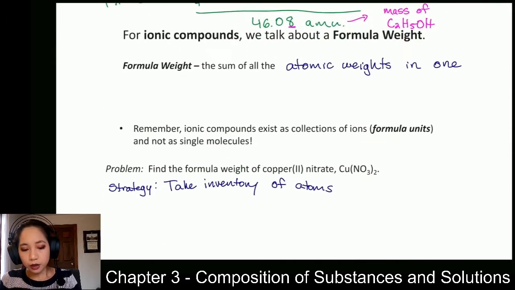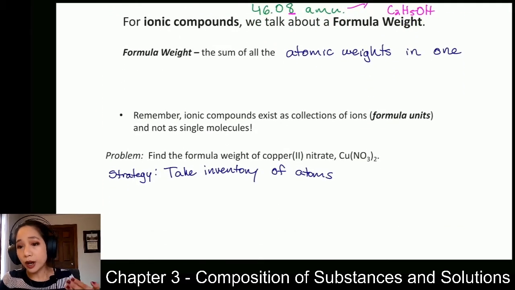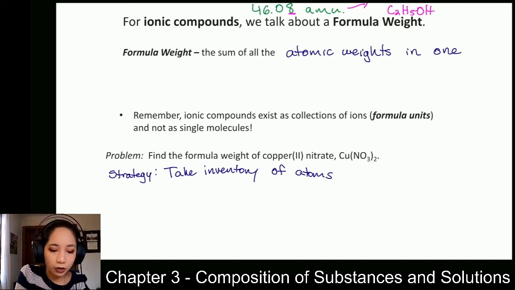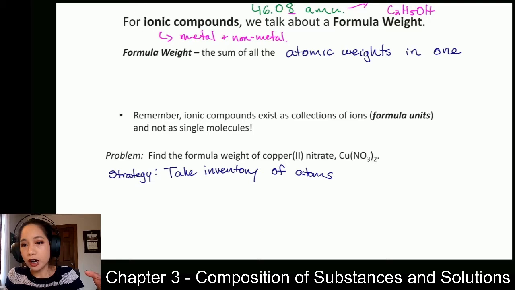So we can also talk about weights of ionic compounds, so compounds that are made out of a metal and a nonmetal. Ionic compounds are composed of a cation, the metal, and an anion from the nonmetal. They come together through electrostatic interactions. So we can calculate the masses of one formula unit of an ionic compound.